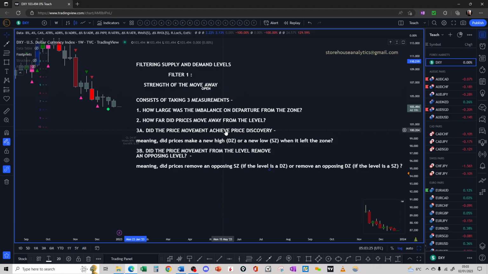If you add an additional filter, for example, and say, ideally I want a 3 to 1, and those are the kind of zones that I would consider putting my max position size on. But if I have zones that are 2 to 1, I won't not take the trade. I'll still take the trade, but I won't put on my max position. Maybe I'll put 25% of my usual position, or 50%, or 75%.